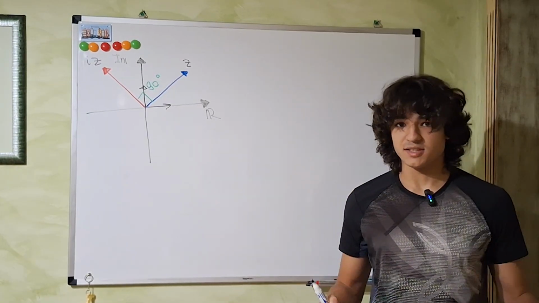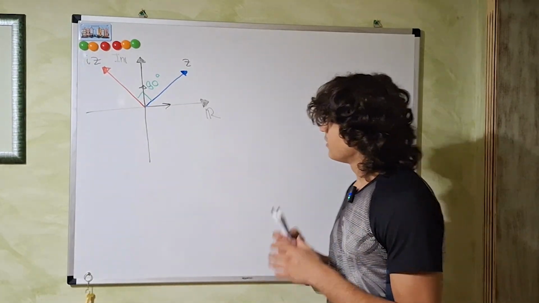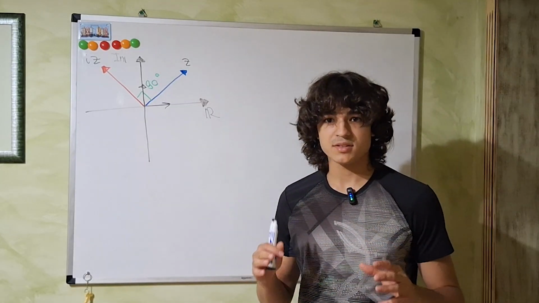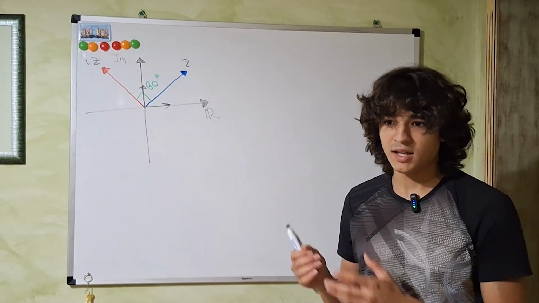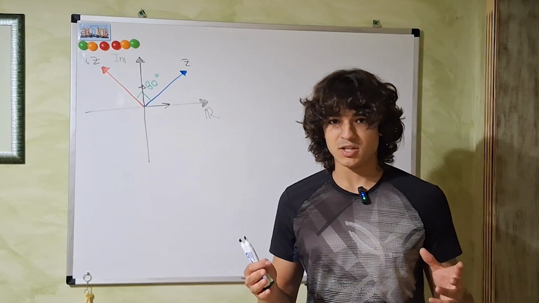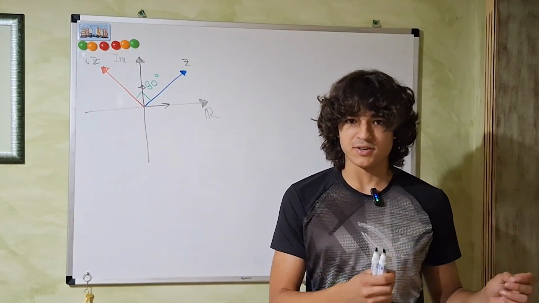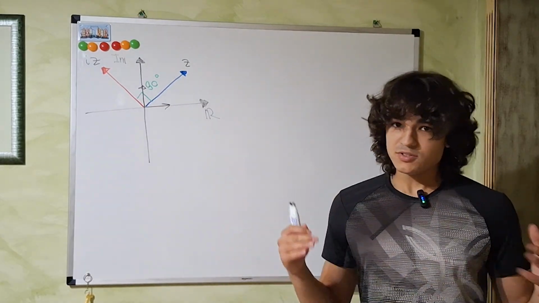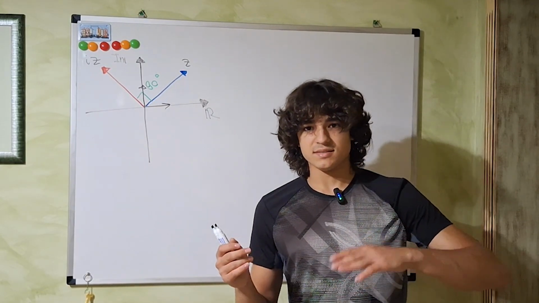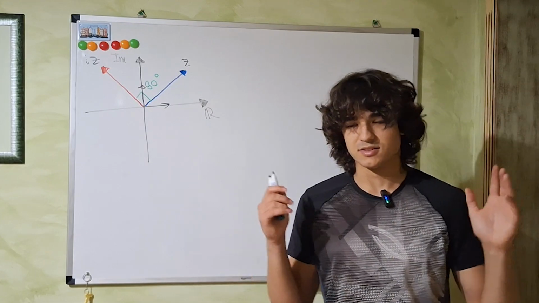Now it's time to dive into the second chapter of this video, because we saw that complex numbers can be identified as points in a two-dimensional plane, and every point in a two-dimensional grid can be specified using a vector. And we saw that multiplying by i rotates these complex numbers by 90 degrees.